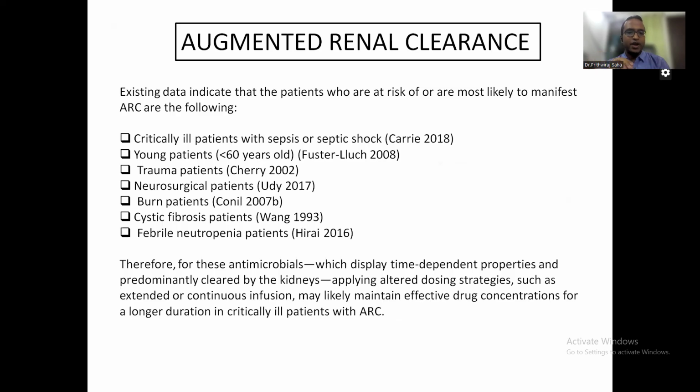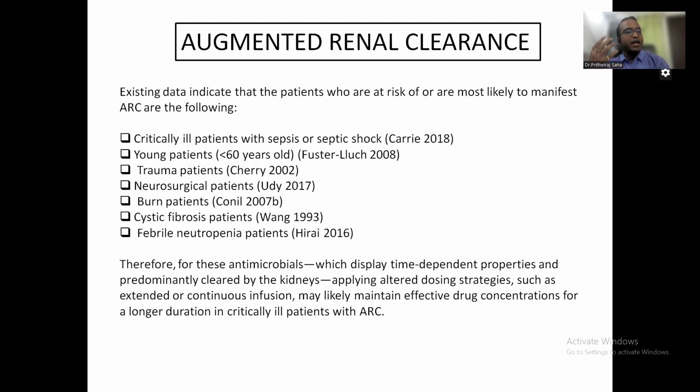These are the factors where augmented renal clearance is easily seen: critically ill patient with sepsis or septic shock, young patient, trauma patient, neurosurgical patient, burn patient. Whatever the conditions you are seeing, they are basically patients with a hyperdynamic circulation, basically patients with a high cardiac output.